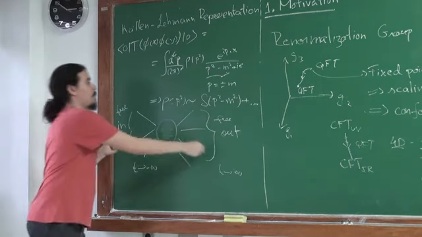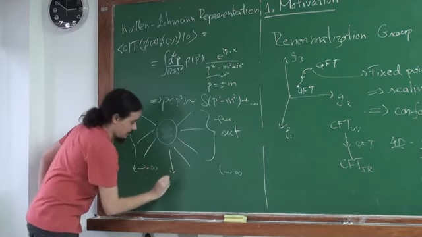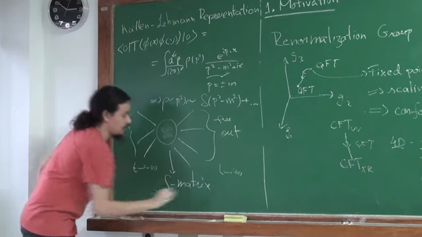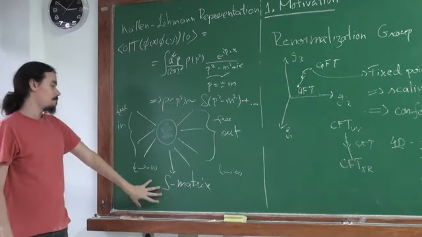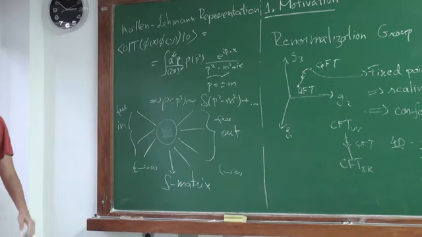And this is what defines the S matrix. The S matrix is just the matrix that evolves these states into these states.